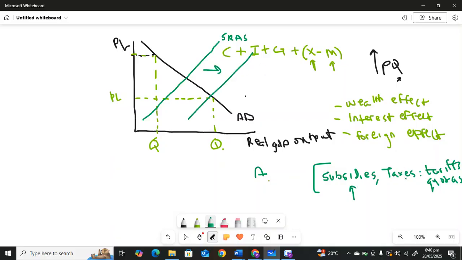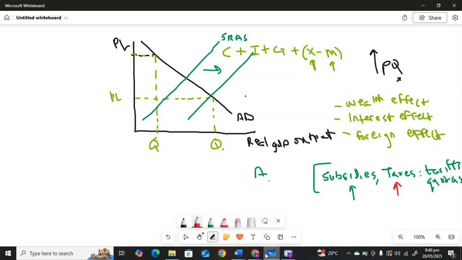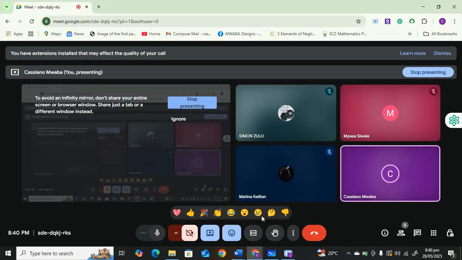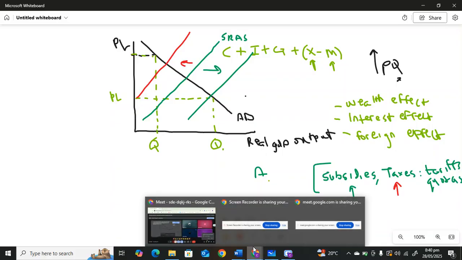But if government is imposing taxes and also tariffs and quotas, it means it will be expensive for the businesses, so they might reduce production. So you find your short run aggregate supply is going to move to the left, meaning it's reducing.